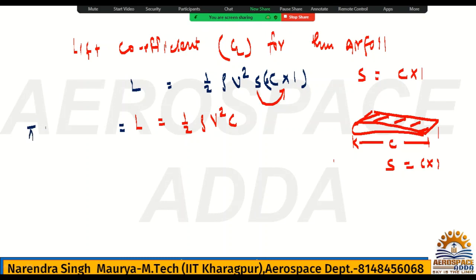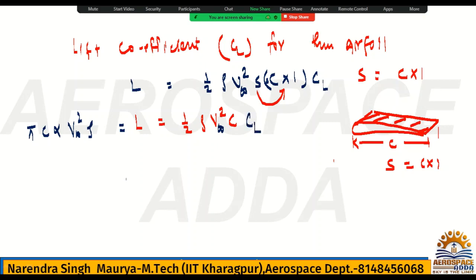Pi c alpha v infinity square into rho. Yes or no? Obviously this v is also v infinity. Now the value will be cancelled out. What do you make it? Half rho v square S into CL, lift coefficient. I forgot to write CL.